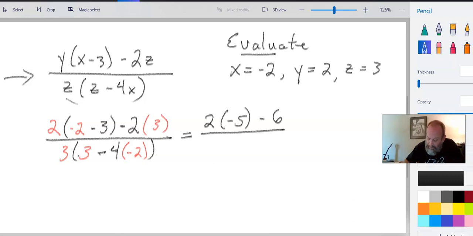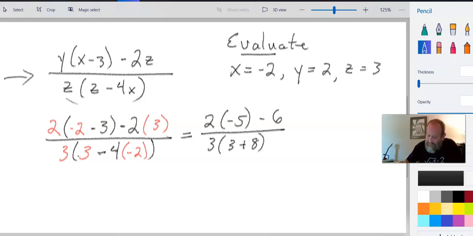Then down here, I have negative 4 times negative 2, that's going to give me positive 8. So that means in the bottom, I have 3 plus 8 now.